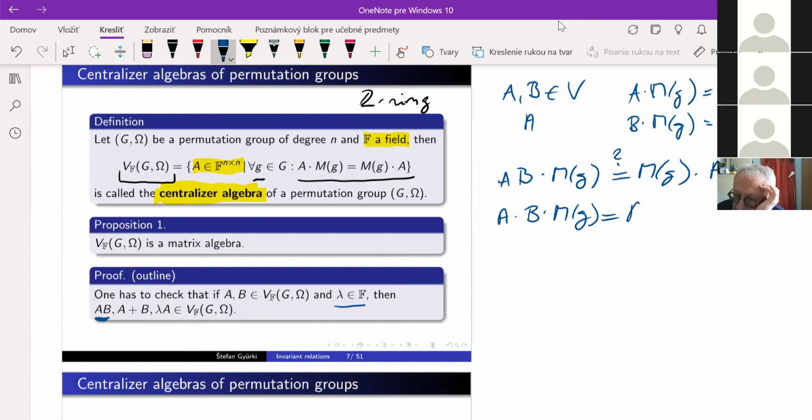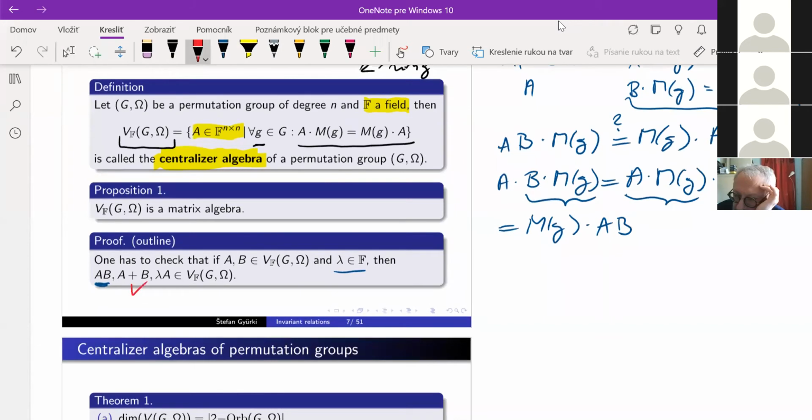Step by step, it is easy to check that, for example, B commutes with m_g, so I can write this in this manner, and also A commutes with m_g, so I can prove that really the product of two matrices also belongs to the centralizer algebra if the two matrices belong to it.